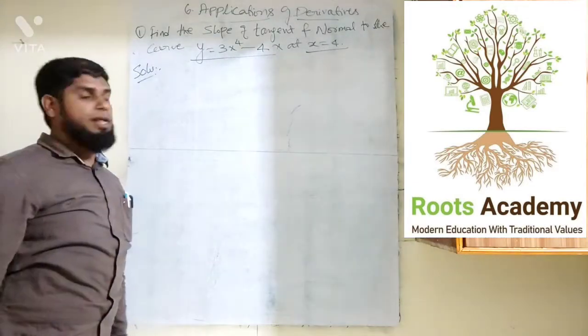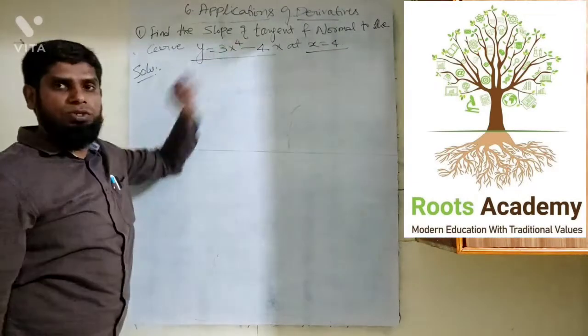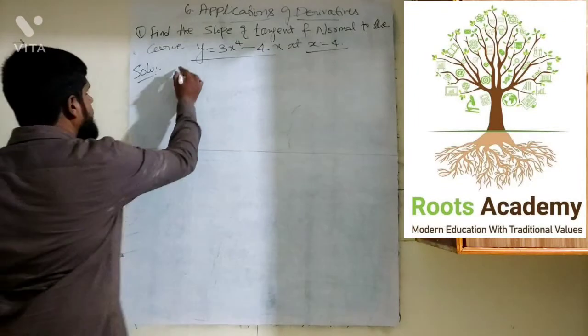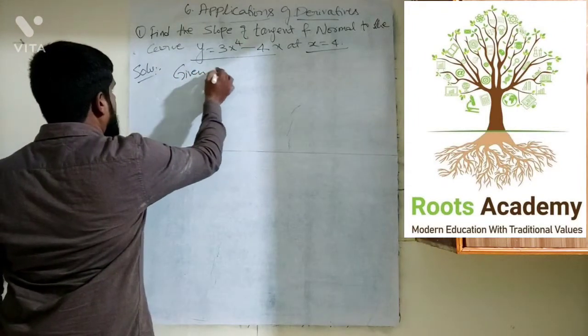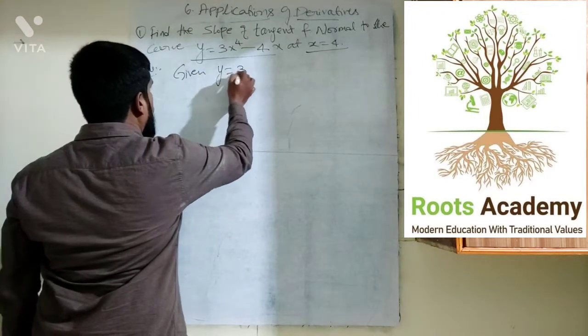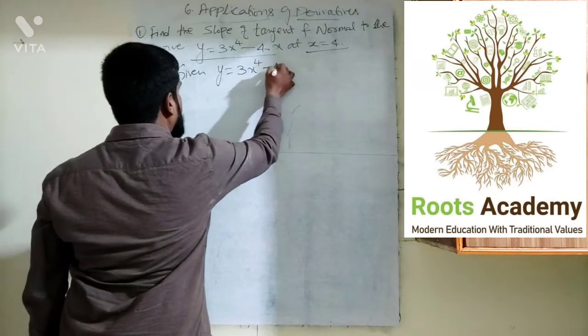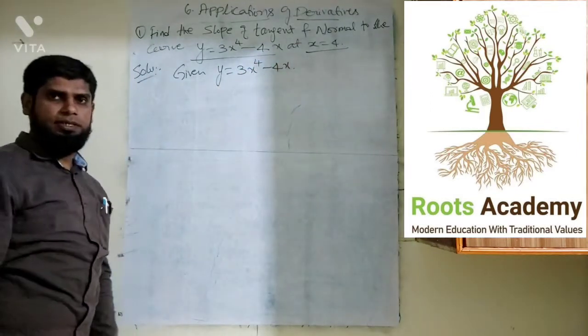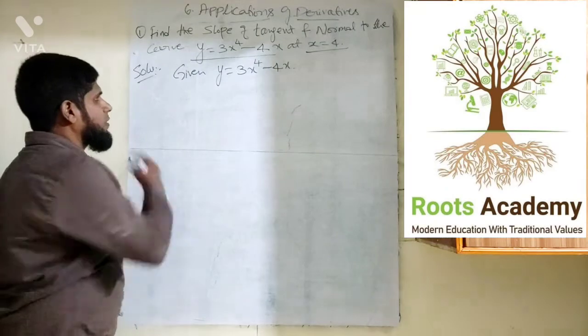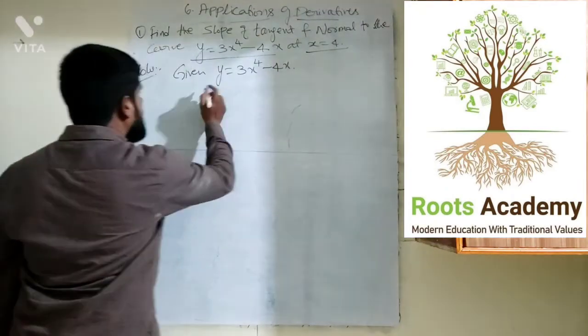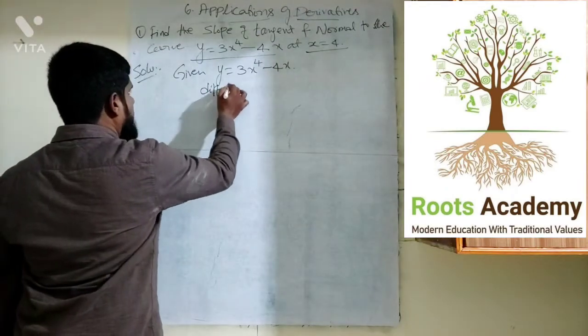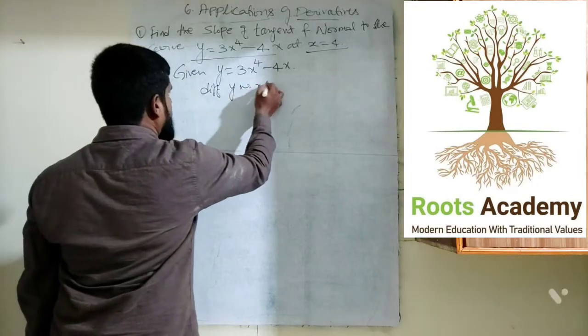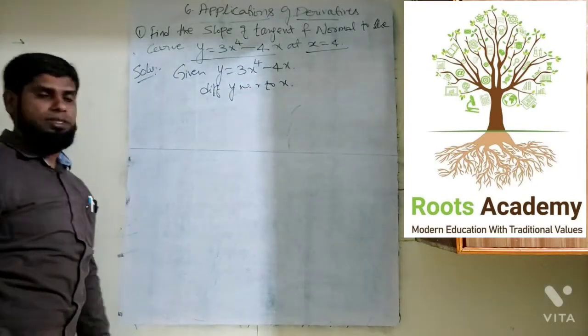So first, let us differentiate this with respect to x. Given y is equal to 3x power 4 minus 4x. Differentiate y with respect to x.